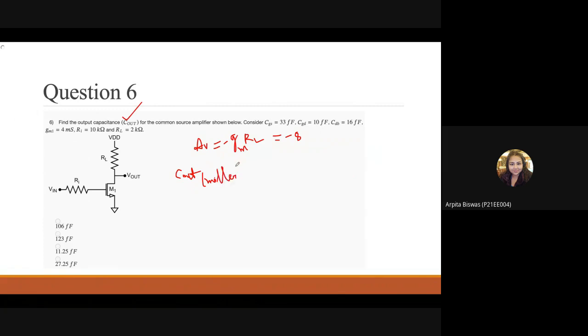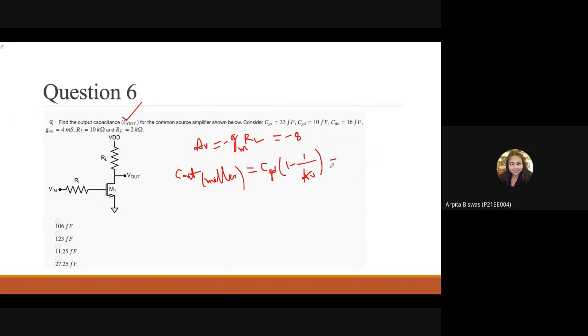Do you know the equation to find out the C output Miller? Tell me. CGD into 1 minus 1 by AV.